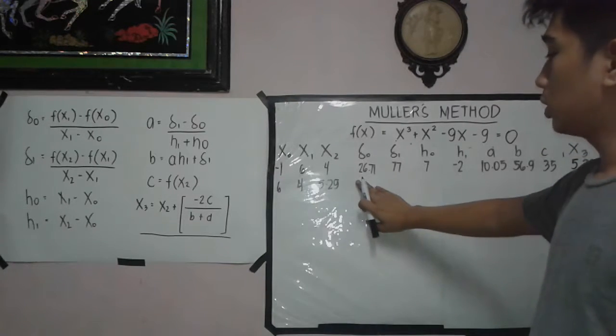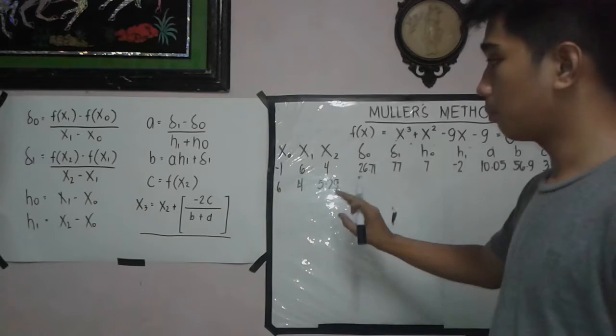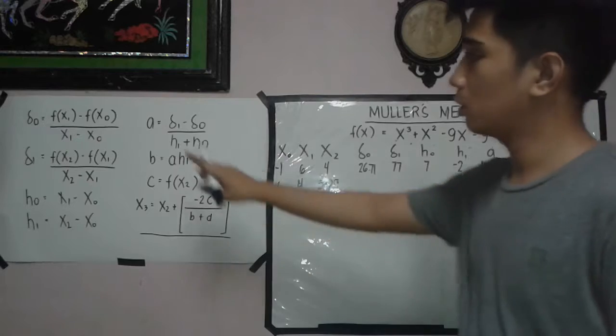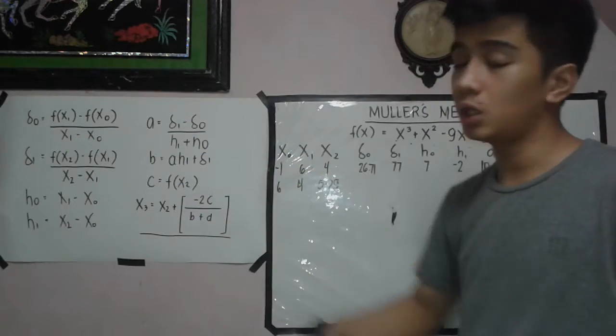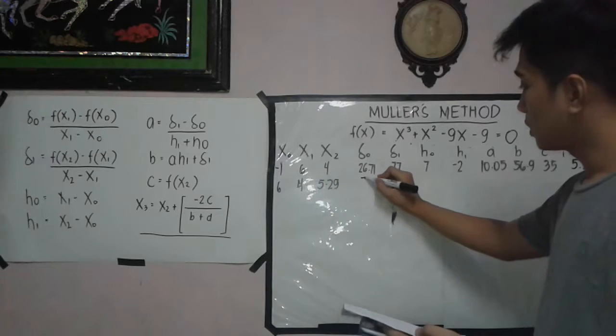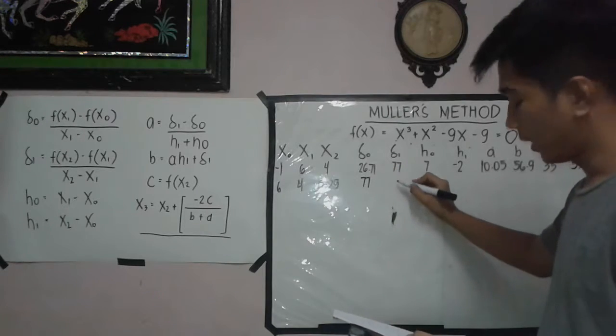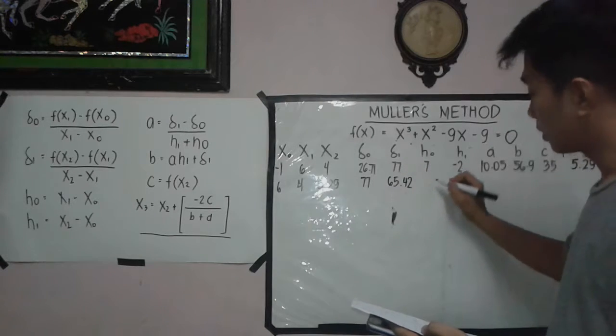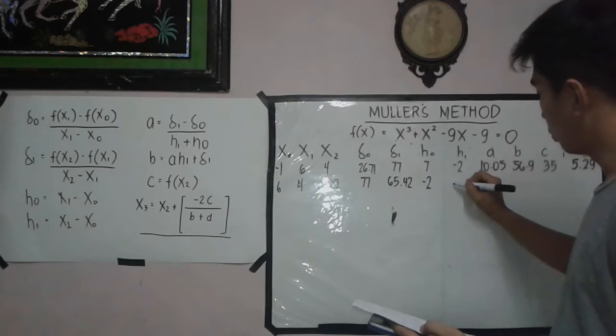So substituting again the values before from the x1 and x2 and your 5.29 to delta 0, delta 1, h0, and h1, you have the value of 77, 65.42, negative 2, and 1.29.